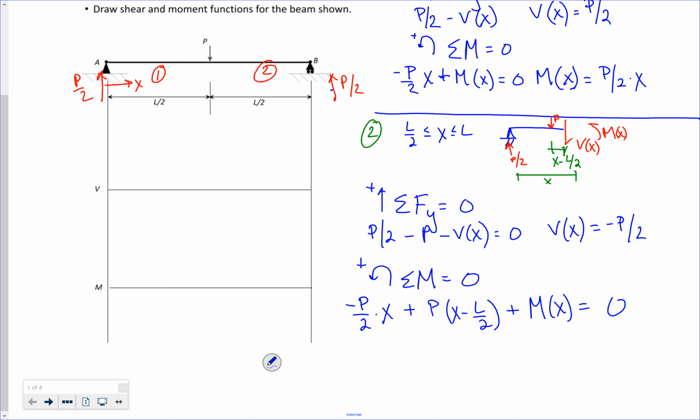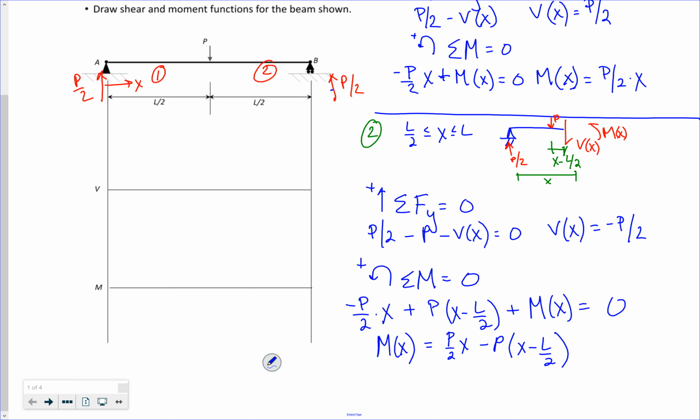If I solve for M of x, I get P over 2 x minus P x minus P times x minus L over 2.